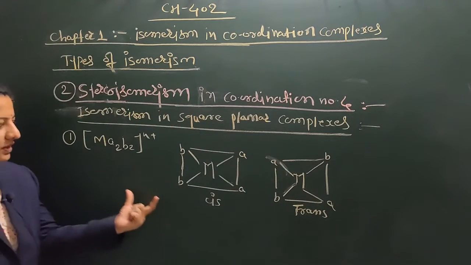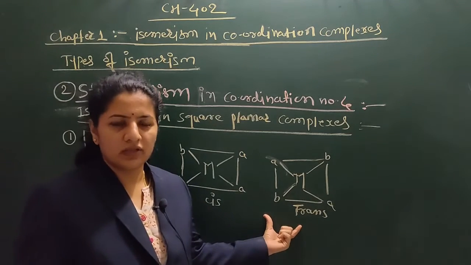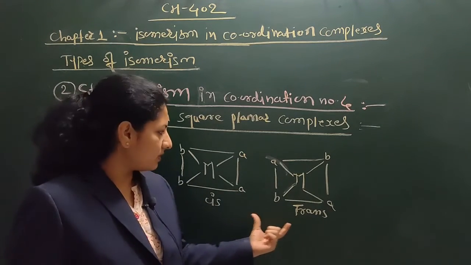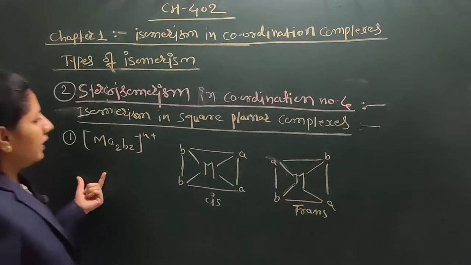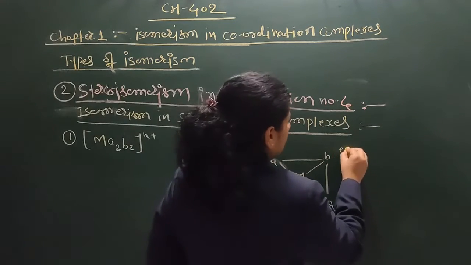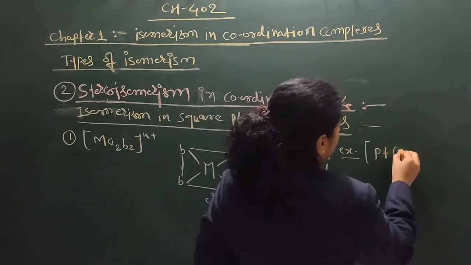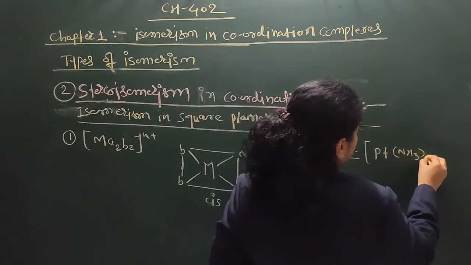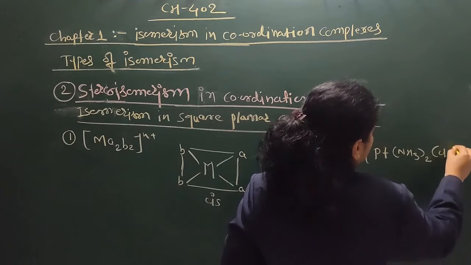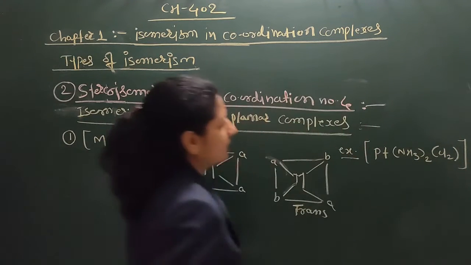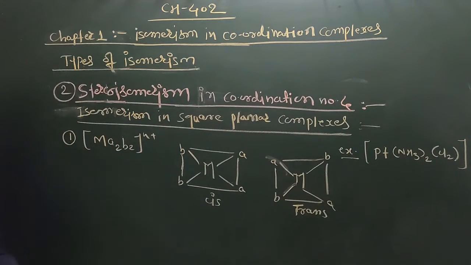So this type of geometrical isomerism is possible in square planar complexes. And the example of that isomerism is diamminedichloroplatinum complex. So this is the example of that type.